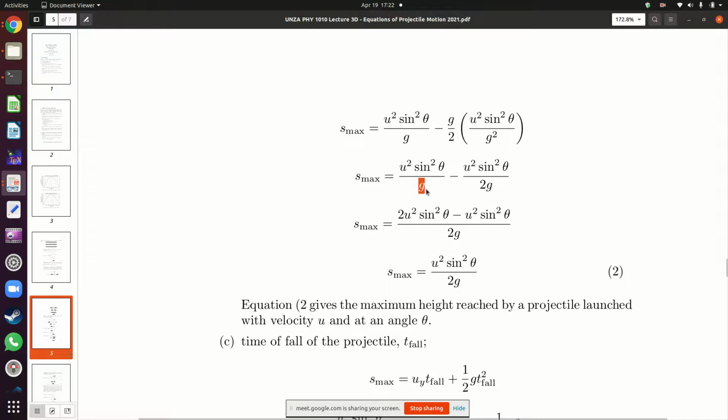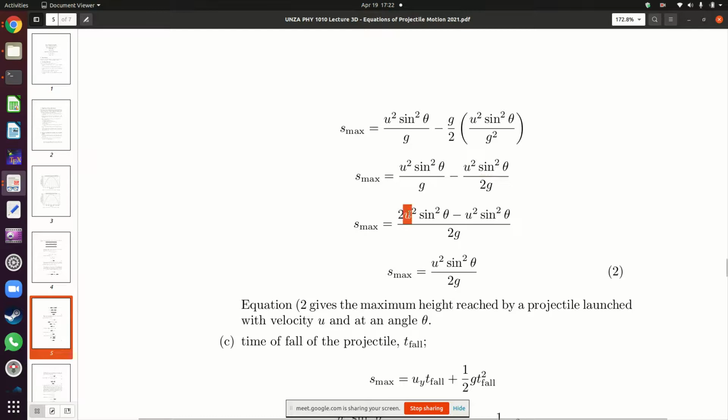This g goes into 2g two times, and multiplying that 2 with this, you end up with 2 u squared sine squared theta. Then 2g goes into 2g once, so you end up with u squared sine squared theta on top. So we have 2 u squared sine squared theta minus u squared sine squared theta.